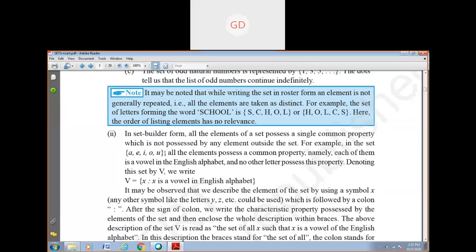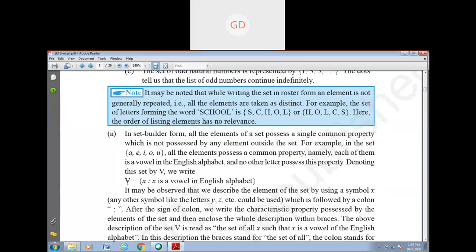The same set, if we want to express it in set builder form, we get it like this. Suppose the set of vowels, the name of the set is, suppose, V. V is nothing, just the name of the set is assumed. It's no problem, because usually we denote sets by block letters, so any block letter you can use.